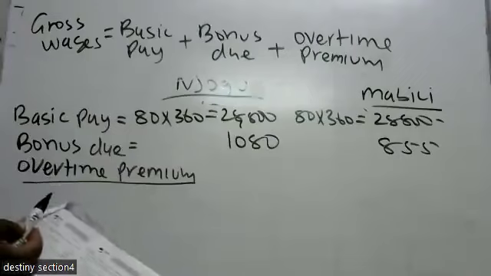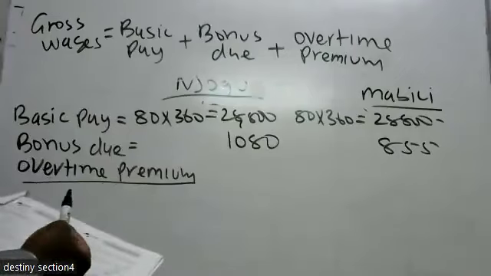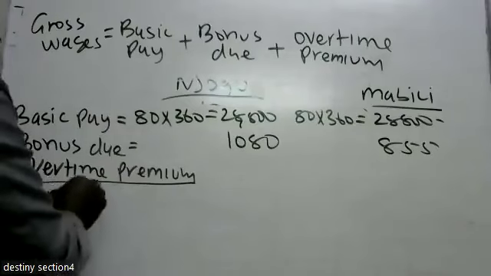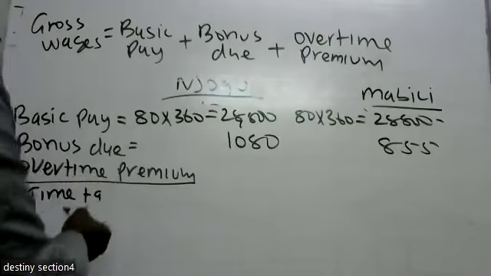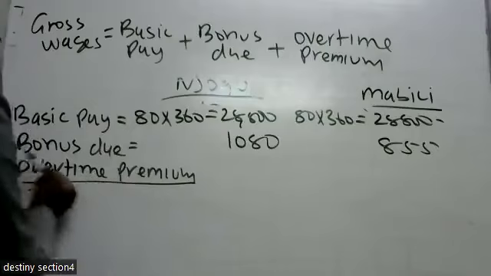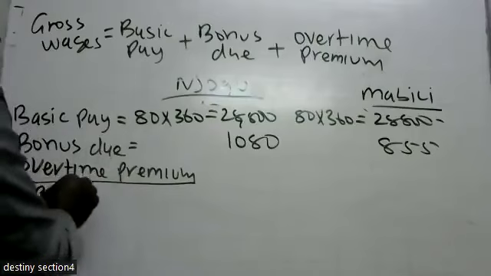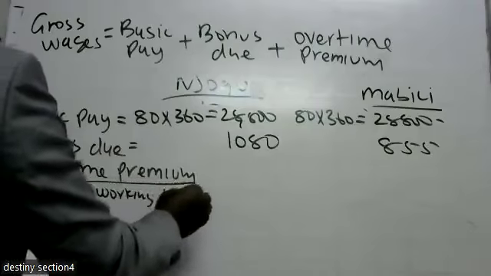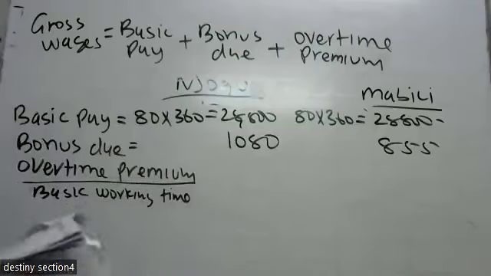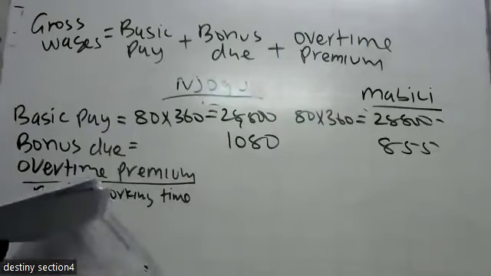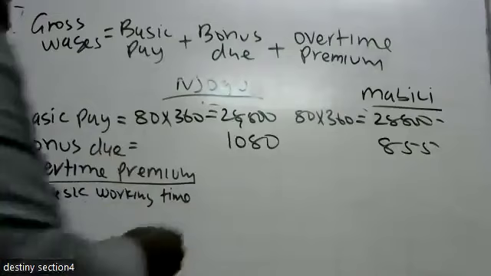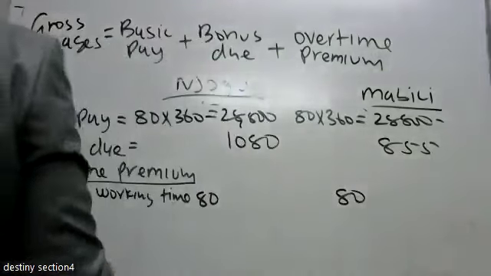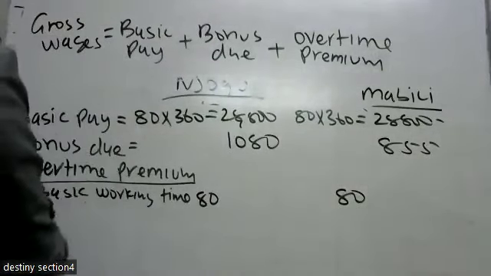So for the overtime premium, we come up with the basic working week. We start with the basic time. You can see they gave you 8 for each. Then time taken.